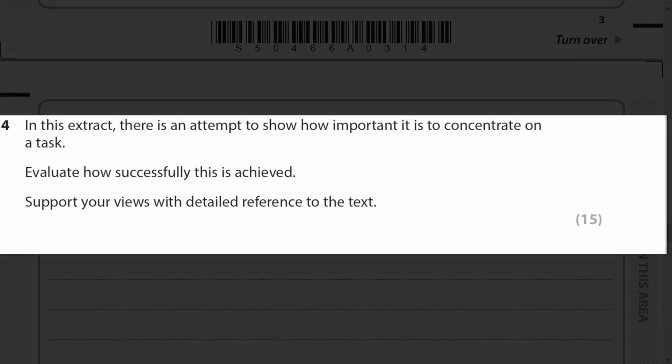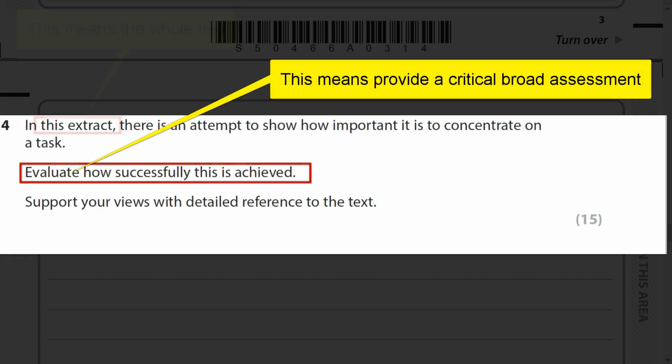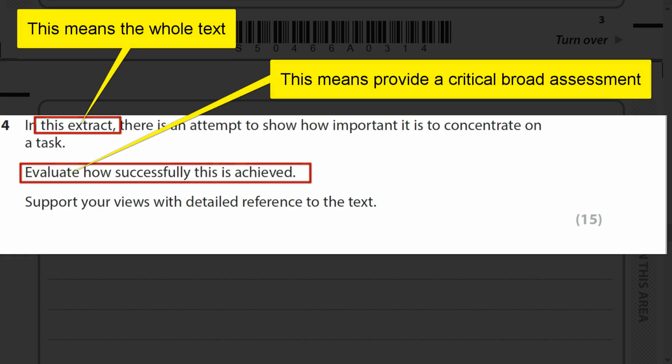Okay, so then we come to question 4. This is the last question on the 19th century prose extract, and again the basic wording of this question will always be the same, and the requirement of this question will always be the same. It will always ask you to evaluate the text as a whole in relation to a particular element of sight.